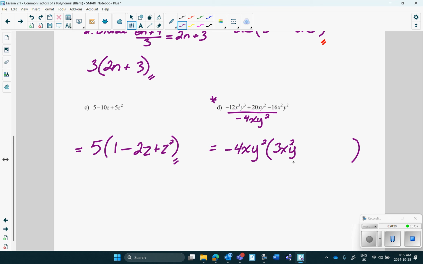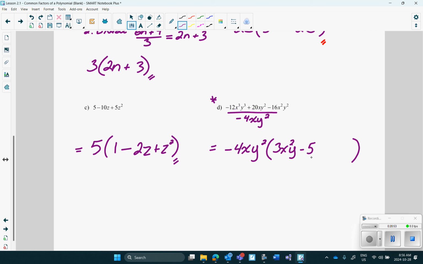Plus 20xy squared divided by the GCF. 5y. Subtract 5 y x. What's x divided by x? It's just subtract 5. x divided by x is 1. y squared divided by y squared is 1.